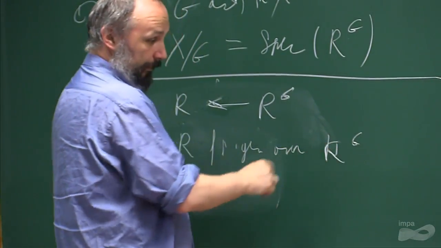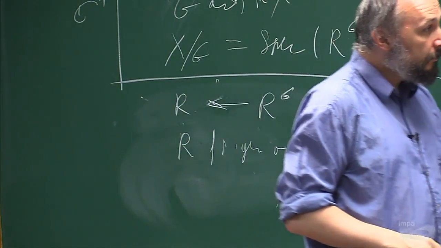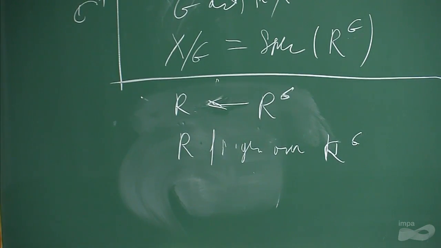This is something we proved. And this implies, in particular, that this module A is a finitely generated module over its invariant ring.